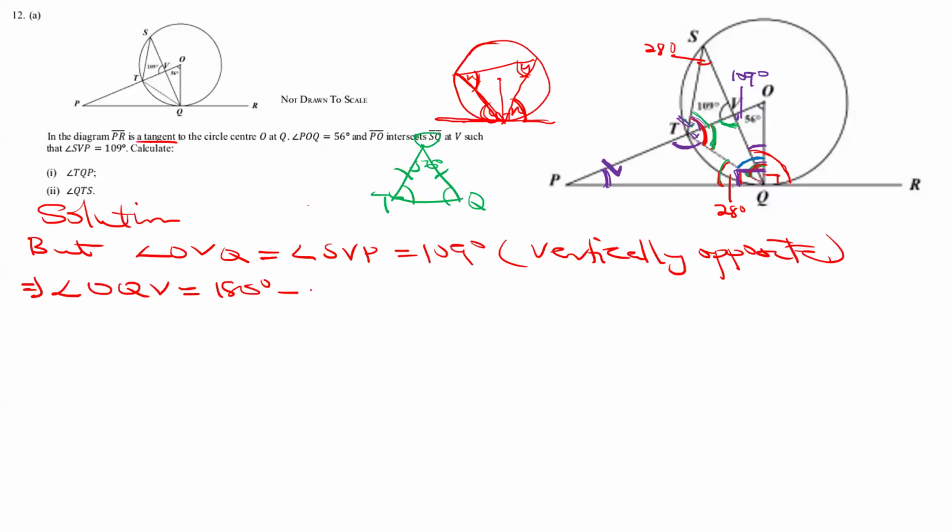Let me write it in terms of the vertices: minus angle VOQ. I'm using this triangle, so let me go strictly by what you have there. So minus angle VOQ, then minus this angle, which is what?